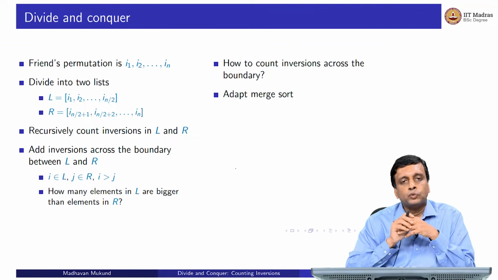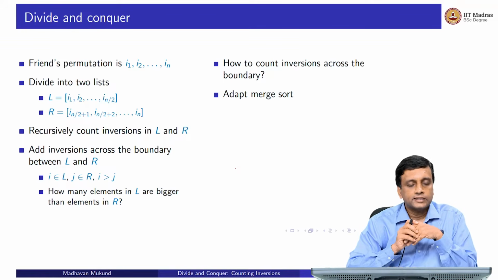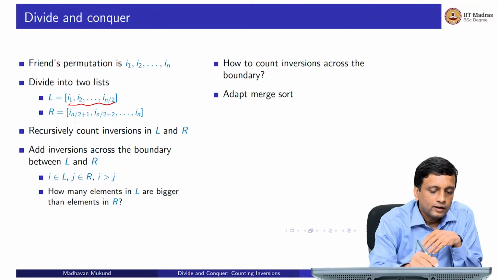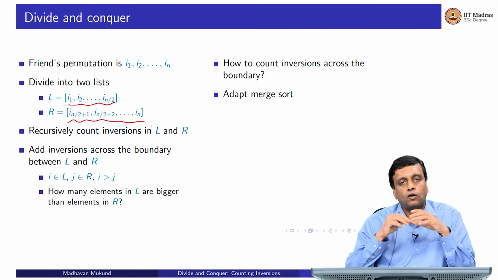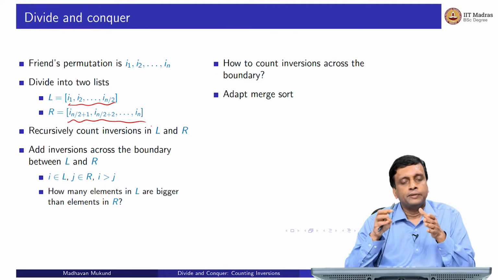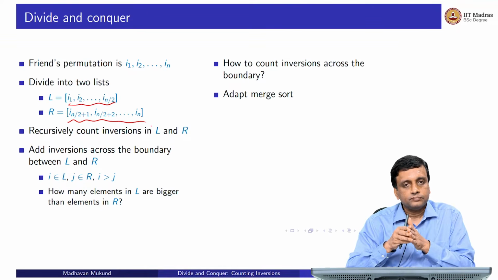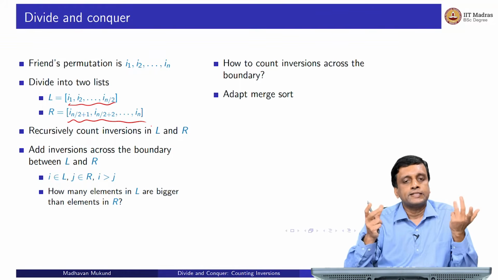So one way is to assume that there is something a little bit more structured in L and R. So L and R right now, as given to me, are the 2 lists of preference of elements as ordered by my friend, split in the middle. But what I can do is I can structure them by arranging each of them in ascending order, for example.